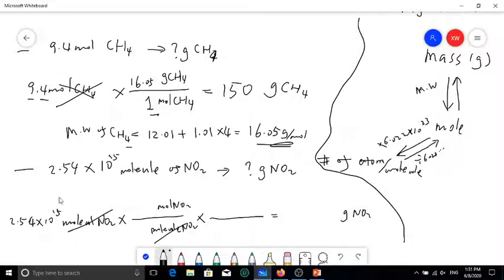So let's review Avogadro's number. 1 mole of anything is 6.022 times 10 to the 23. Now I have 1 mole of NO2, the chemical substance. That's going to equal 6.022 times 10 to the 23rd NO2 molecules.